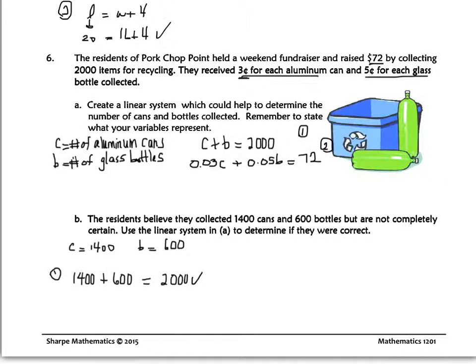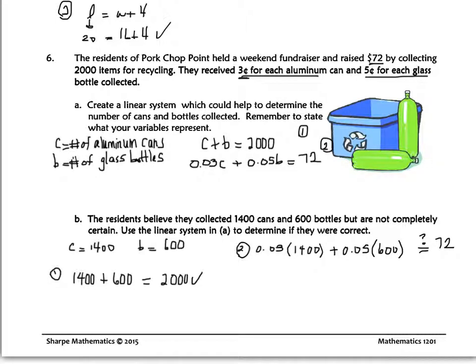Then if we tried in equation 2, we have decimal 03 times C, which was 1,400, and decimal 05 times 600, and we're checking, is that equal to 72?